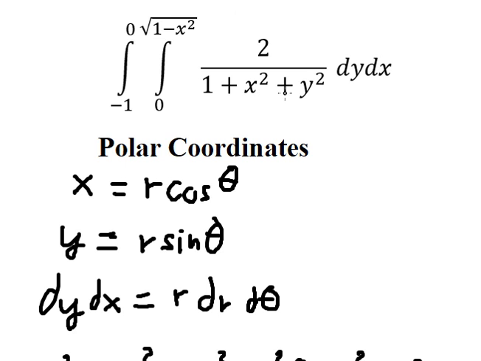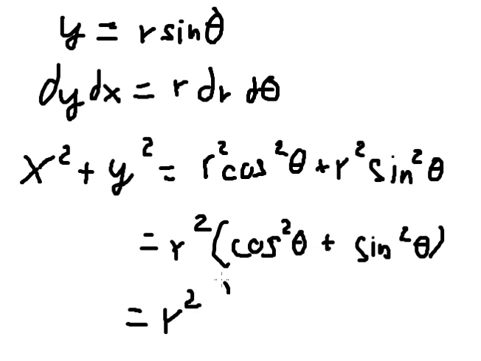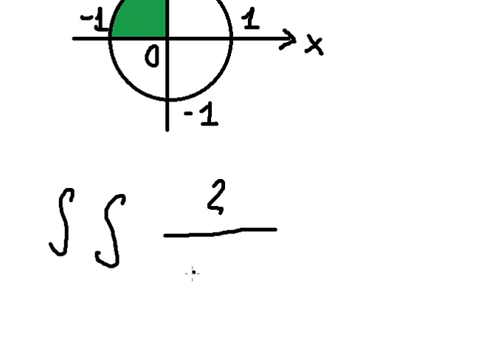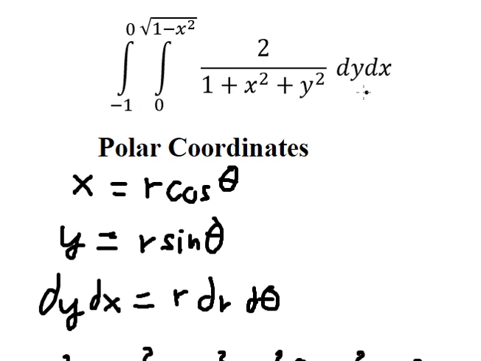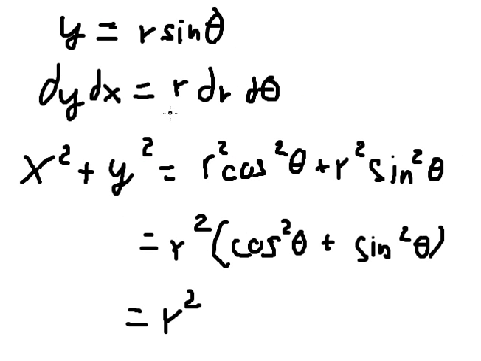So x squared plus y squared we change to r squared. dy dx we change to r dr d theta.